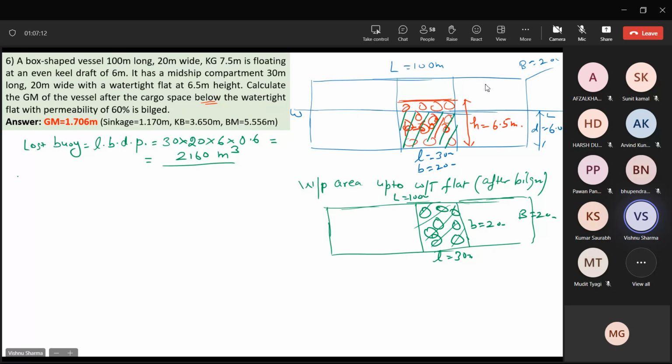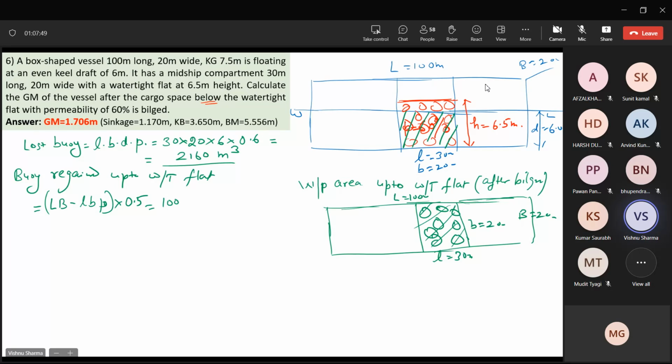So now, what am I saying? Buoyancy regained up to watertight flat will be equal to intact water plane area, which is up to watertight flat, that will be whole water plane, that is LB, minus lost water plane, LBP, multiplied by 0.5, because the sinkage would be 0.5 from 6 meter draft to 6.5 meter draft.